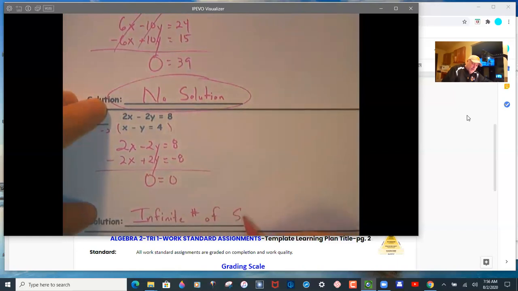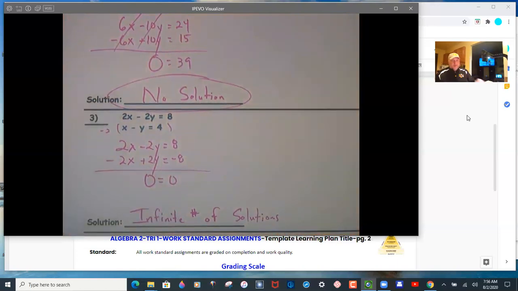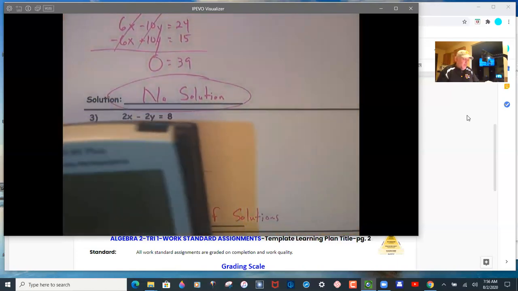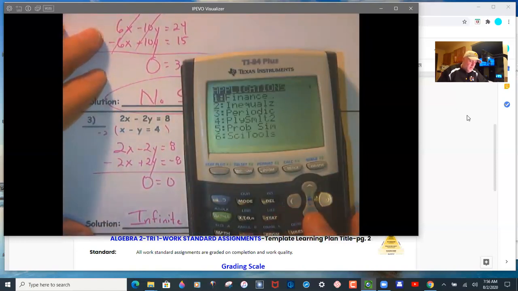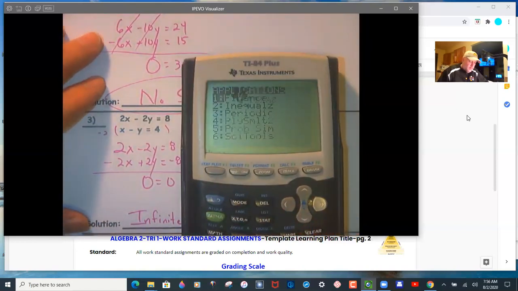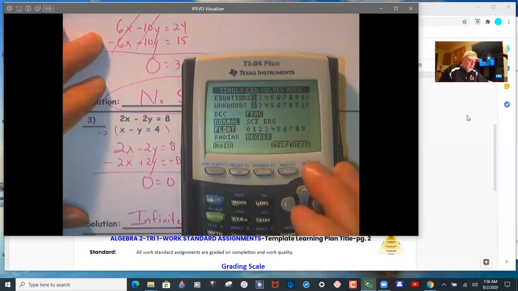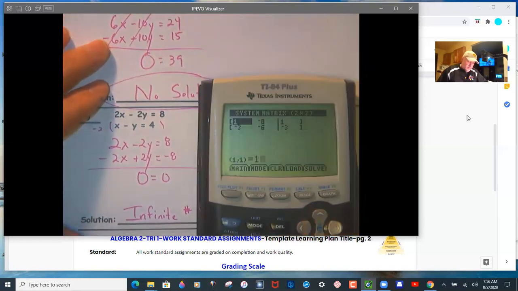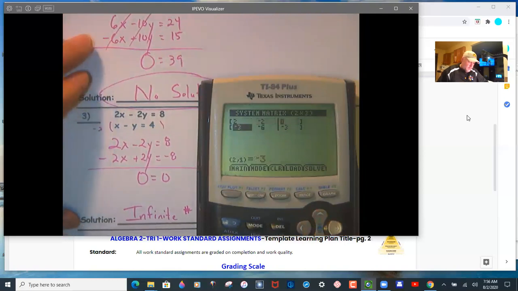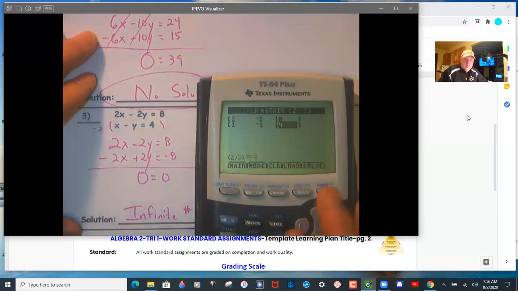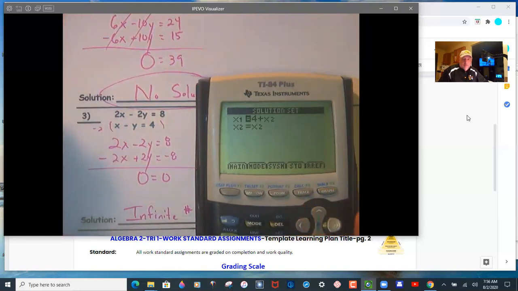Just to make a comment, what is that all about on the Polysimul app when it puts, let's run this through the Polysimul. I want to show you. If someone asked you at the collegiate level, if you say infinite number of solutions, what type?